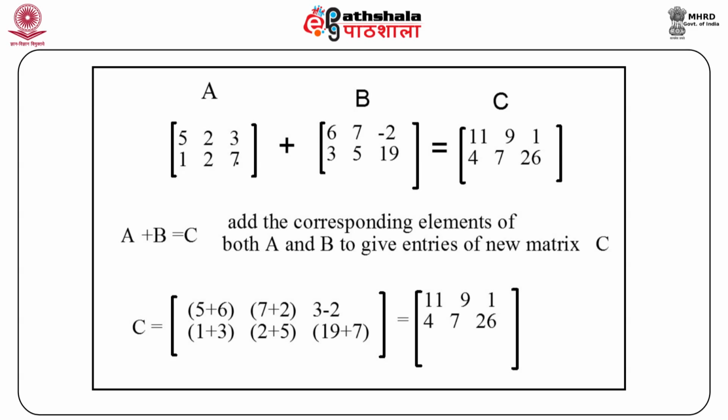Addition is shown here: A and B give us C. Corresponding elements of A are added to the corresponding elements of B. That is 5 plus 6, 2 plus 7, 3 plus minus 2, and we get the corresponding elements, given over here as 11, 9, 1 and so on. That is, it is a simple addition of corresponding elements.